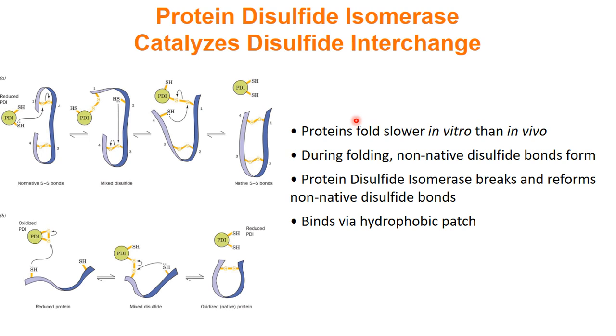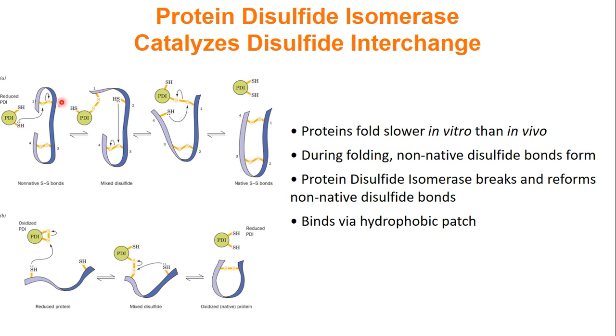One of the answers for that is protein disulfide isomerase. During folding, two cysteines can come into contact and form disulfide bonds. These disulfide bonds are not present in the native state, and so they need to be eliminated. The protein that will break these disulfide bonds is disulfide isomerase.